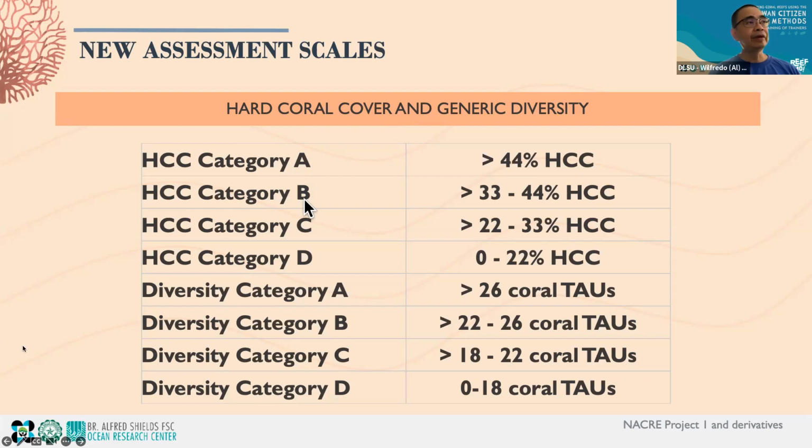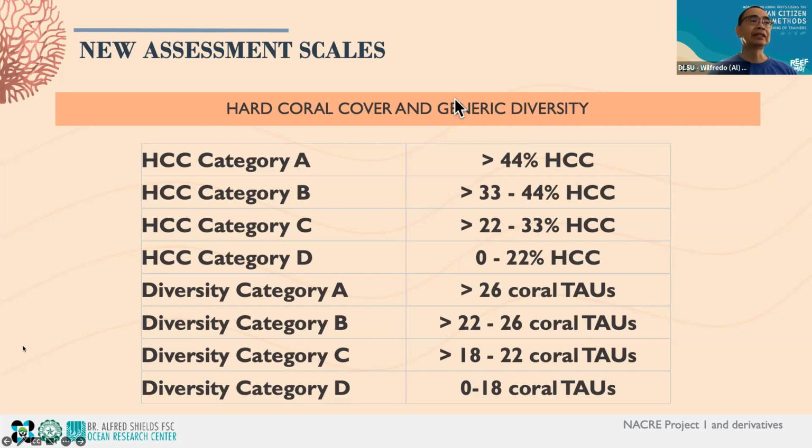And if you have a category B reef, that means it is in the top 25% of reefs in the country. So it allows you to make a statement about how that reef compares to others in the country.